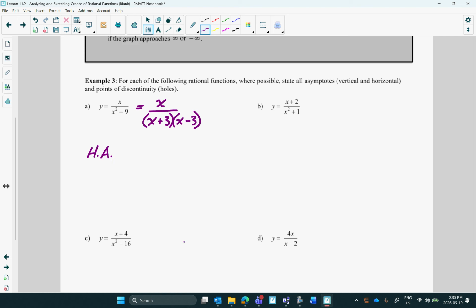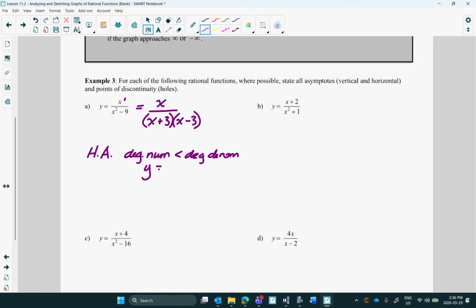Horizontal asymptote. What's the degree of the numerator? 1. So degree of numerator, is it less than, equal, or greater than degree of denominator? Less than. Automatic.